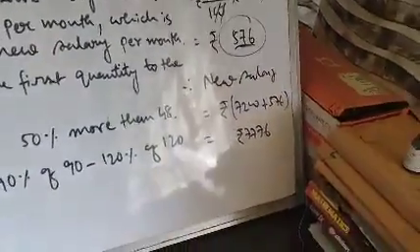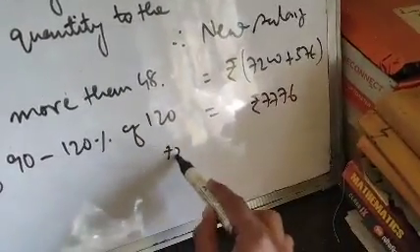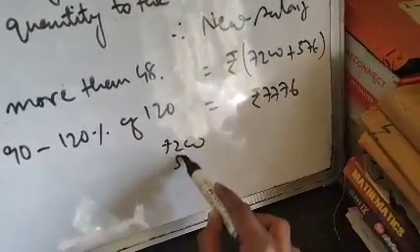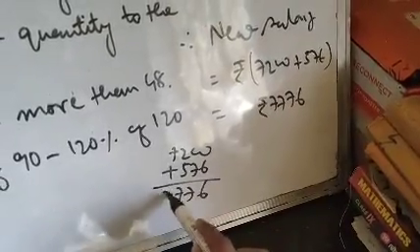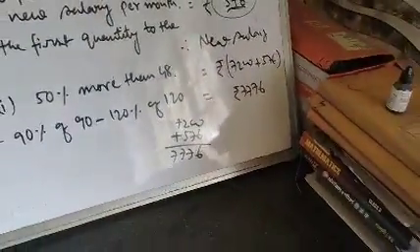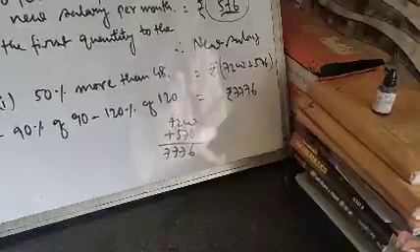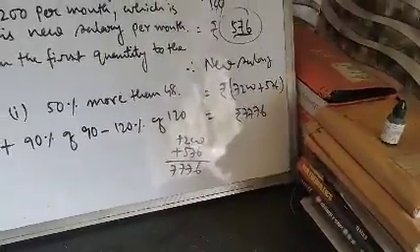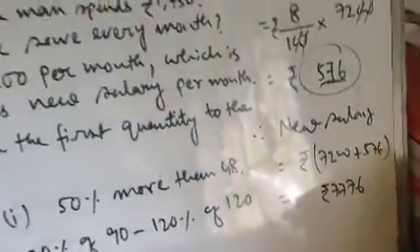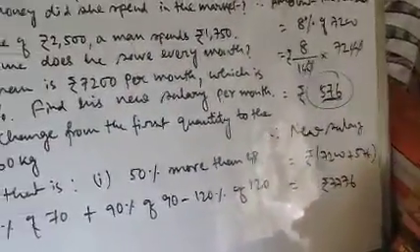So this is the new salary. Let's check once again: 7,200 plus 576 is 7,776. 7,776 rupees he will have. This is the new salary from the next month.